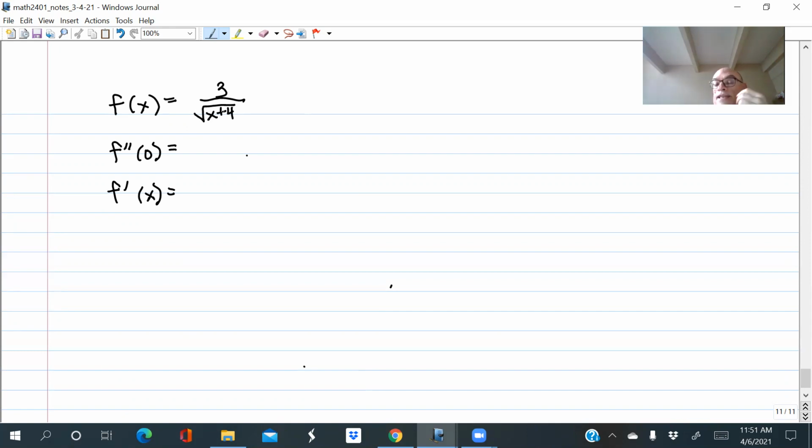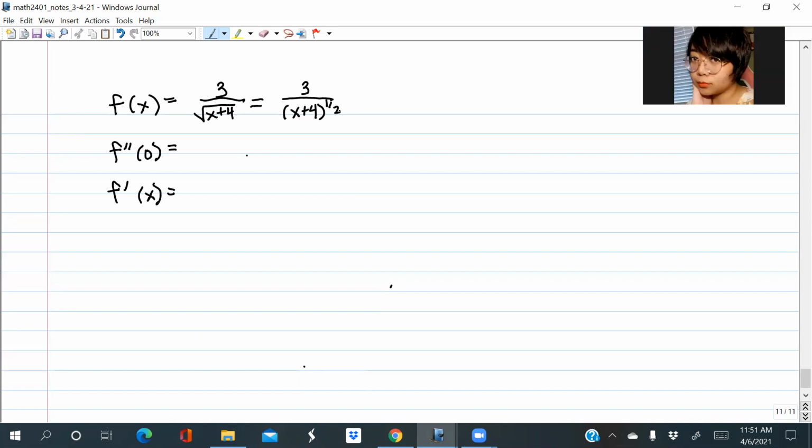Or in this case, though, because this quotient is simple enough, we can rewrite this slightly, and we won't have to use the quotient rule. Let me show you how. First, of course, we have to do this anyway, whether we use the quotient rule or not. We want to take that square root and convert that back to a fractional exponent, right? So I'm going to write that square root as a 1/2 power, right? So square root is 1/2 power.